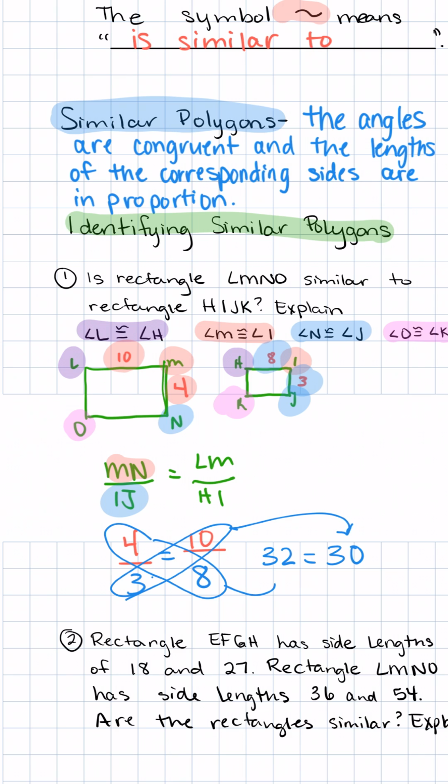Do those equal each other? No. So therefore, these are not proportional. The corresponding angles are congruent, but the corresponding sides are not proportional. So the rectangles are not similar.